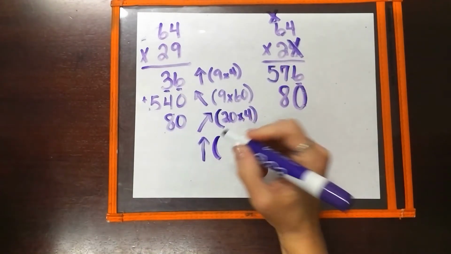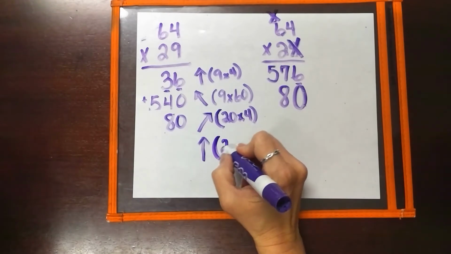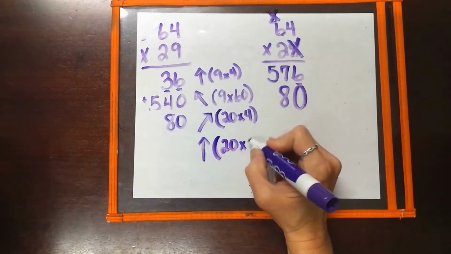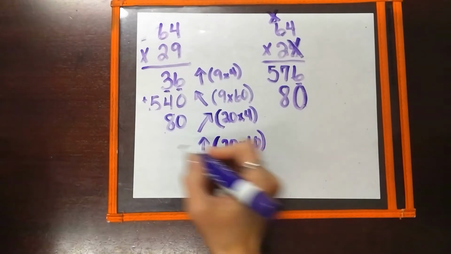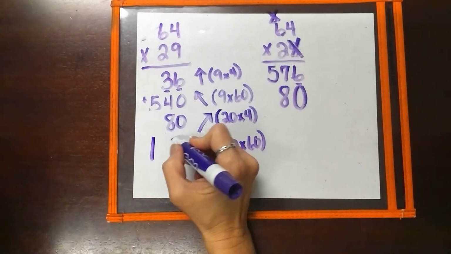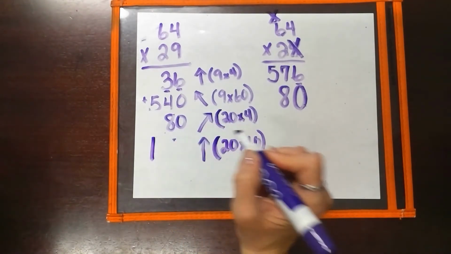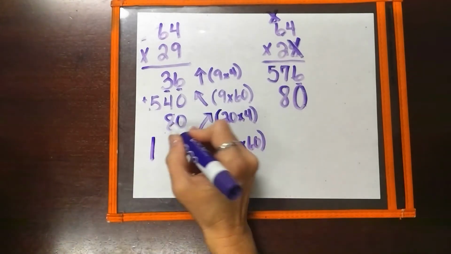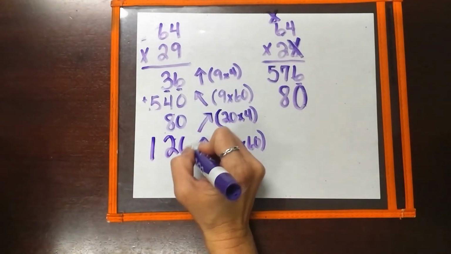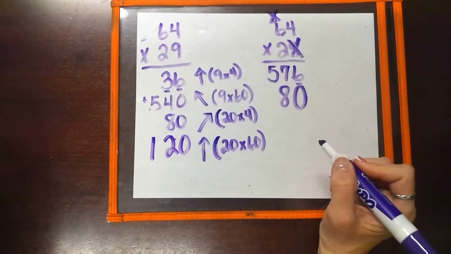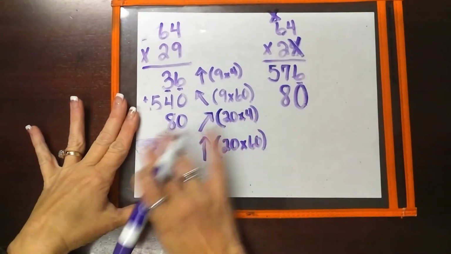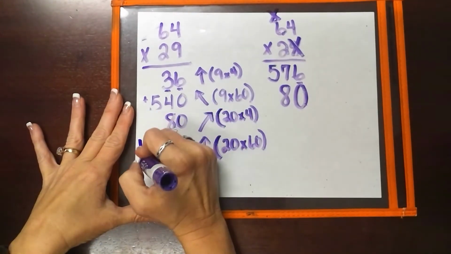Then we're going to do the rest of our problem, which is 20 times 60, which we know is 120. I don't know why I had to think about that a minute. Oh, 1,200. Sorry about that. See, look.